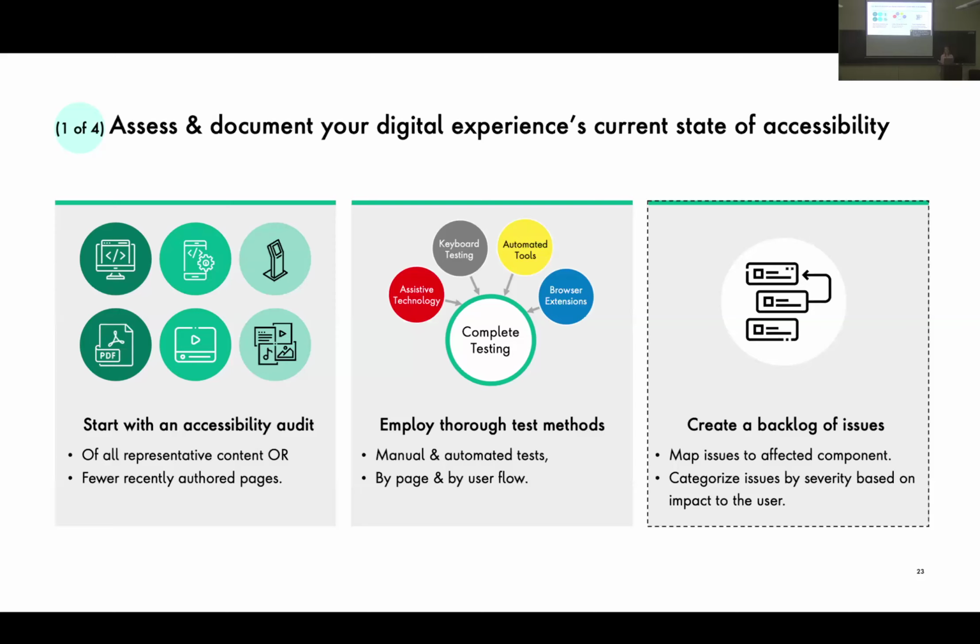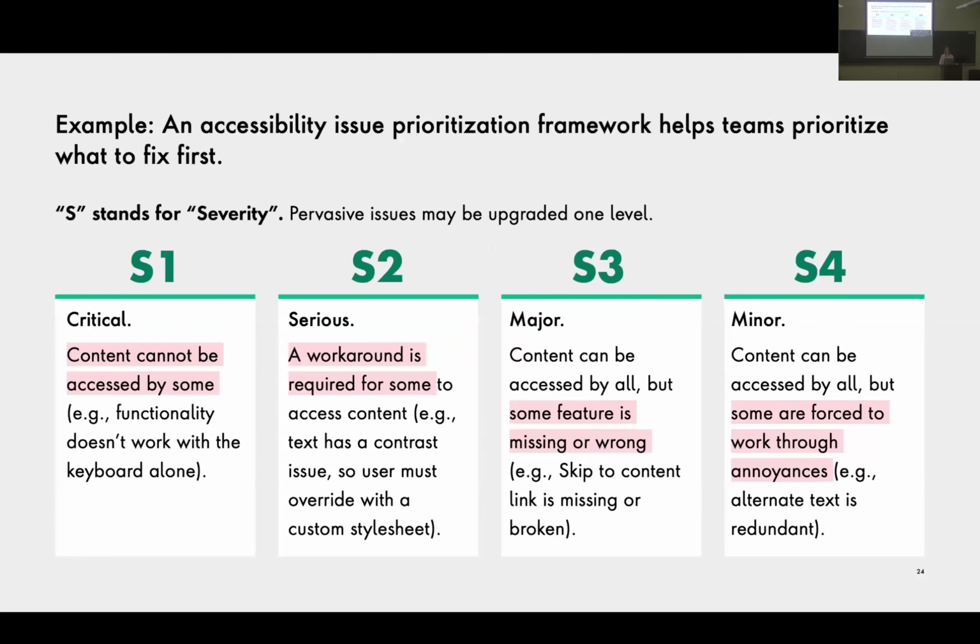And the other thing we're probably already doing is categorizing issues by severity based on impact to the user. This is really, really important, so just on the off chance that people aren't doing that, I'm going to touch on it for a couple of minutes. I'm showing you the issue prioritization framework that we have for accessibility issues at Publicis Sapient.